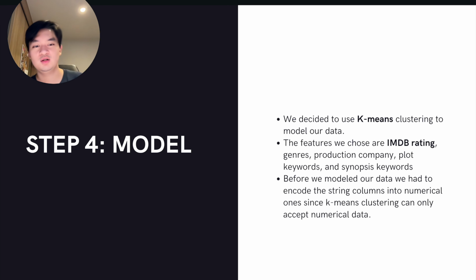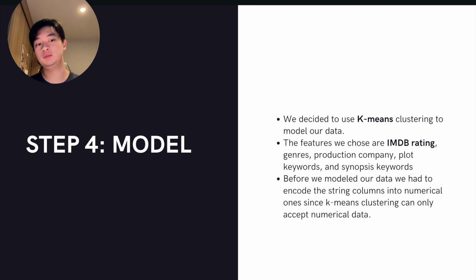Right, so next is our model. We decided to use k-means clustering for our model. The features that we chose from the IMDb dataset after pre-processing are, first, the rating, of course, genre, production company, which company made the movie, and plot keywords.